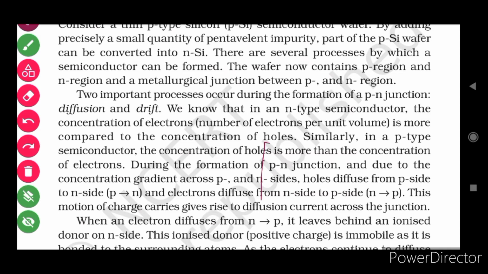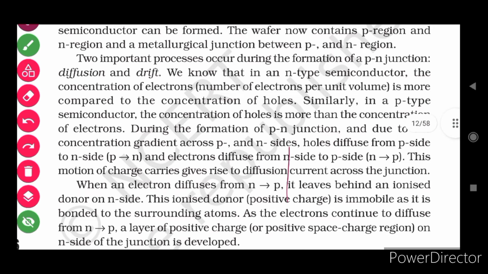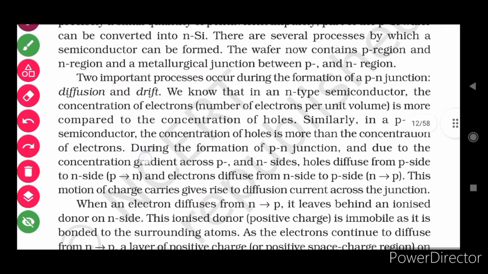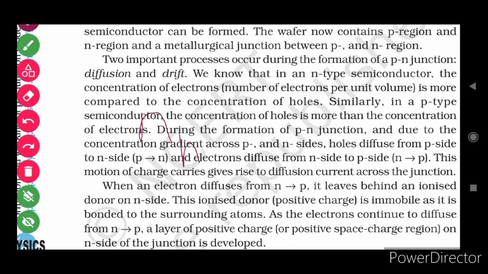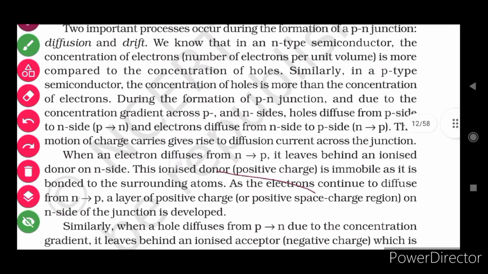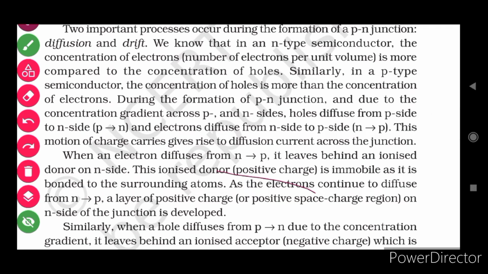Now see, in an N-type semiconductor the concentration of electrons, the number of electrons per unit volume, is far greater than the concentration of holes. The opposite is the case for the P-type semiconductor, where the concentration of holes is greater. I said this the opposite way earlier, but you have understood.